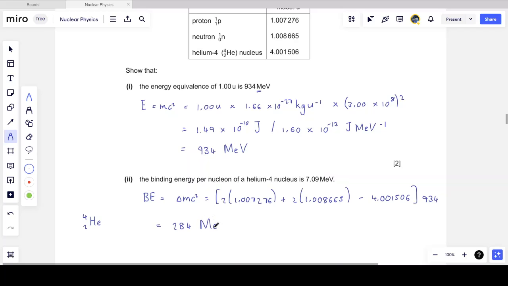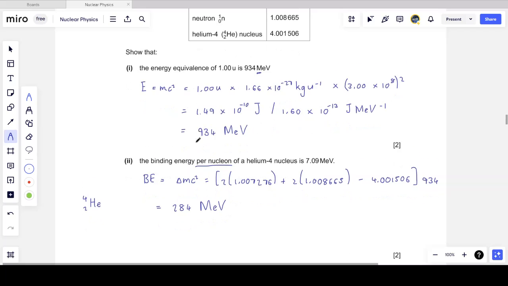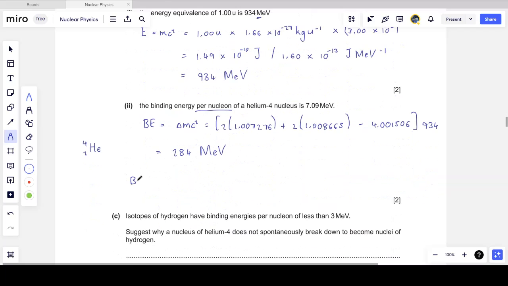284 mega electron volts. But I'm asked for the binding energy per nucleon. And so the binding energy per nucleon is simply this number, 284, divided by the number of nucleons, which is 4 for helium-4. And what I get is what I've been asked to find, 7.09 mega electron volts.